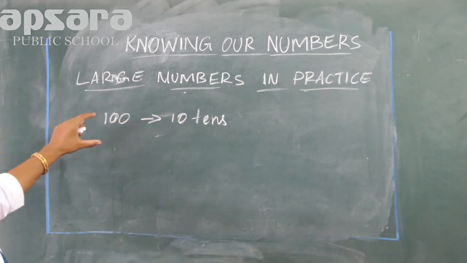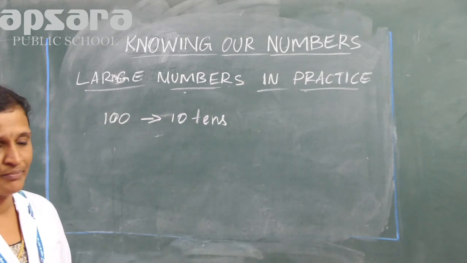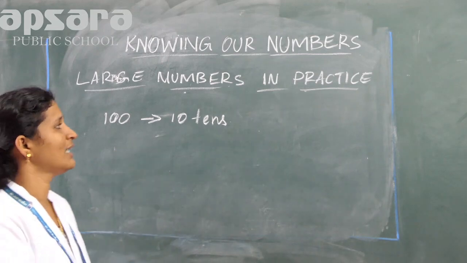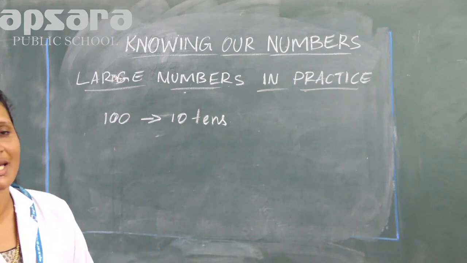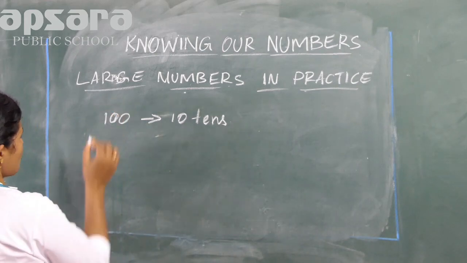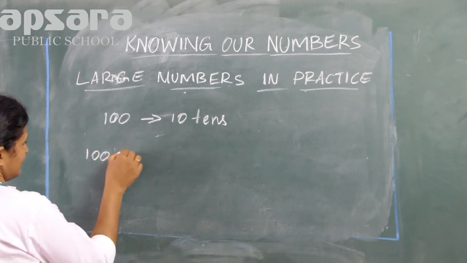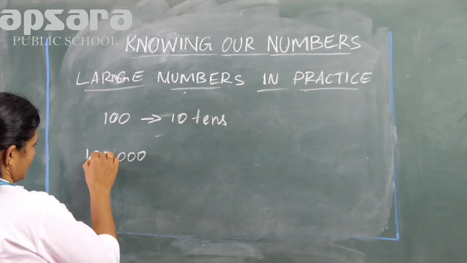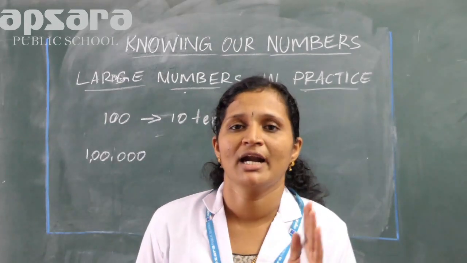But when we take a larger number in place of 100, how to find out, how to split that number into tens, hundreds, thousands, etc.? Let us take one more example. In place of 100, I will take 1 lakh. And the question is, how many tens are there in 1 lakh?